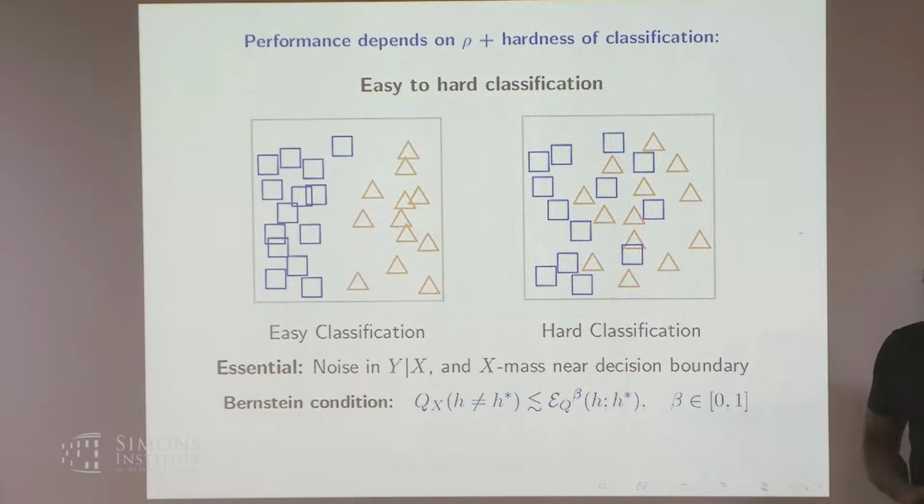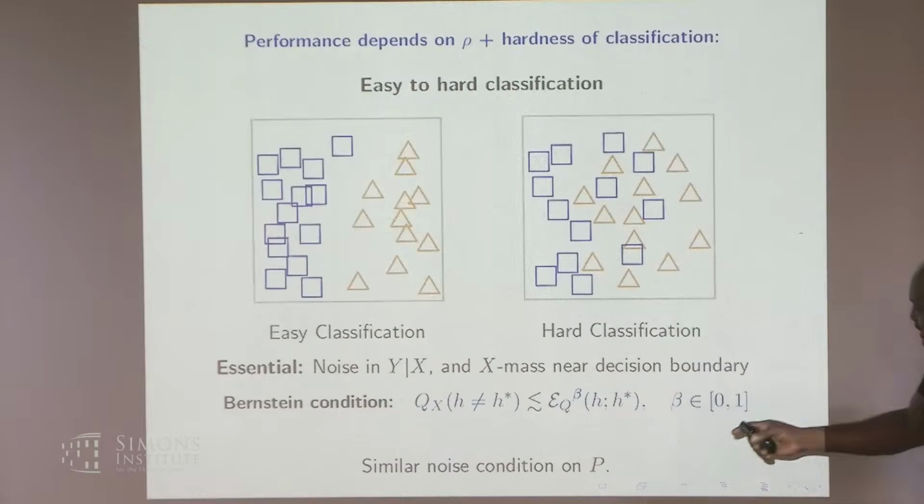The beta would tell us whether we have fast rates or slow 1 over square root n type rates, and that's all it serves. But it turns out that the beta is quite important for the algorithmic question. When is it that we can adapt to the minimax rate? Which was surprising at first, but intuitively it makes sense. Under low noise conditions, the problem is easy, adaptation becomes easier.